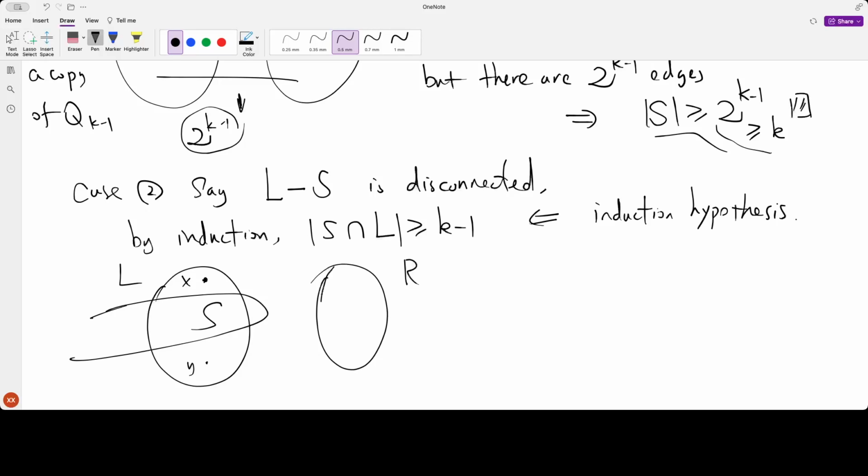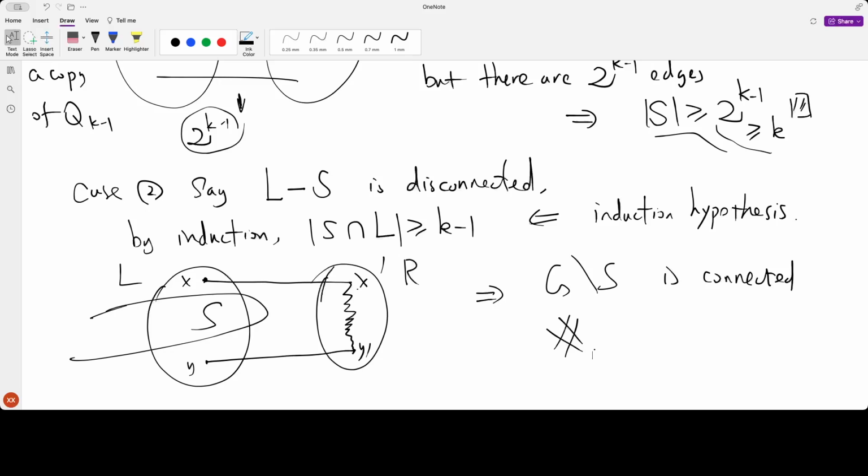Using the matching, I can join X to X prime. And I can join Y to Y prime. And inside R, because S has no vertex in R, you always can connect some paths from X to Y. So this means that the whole graph G minus S is connected. A contradiction.